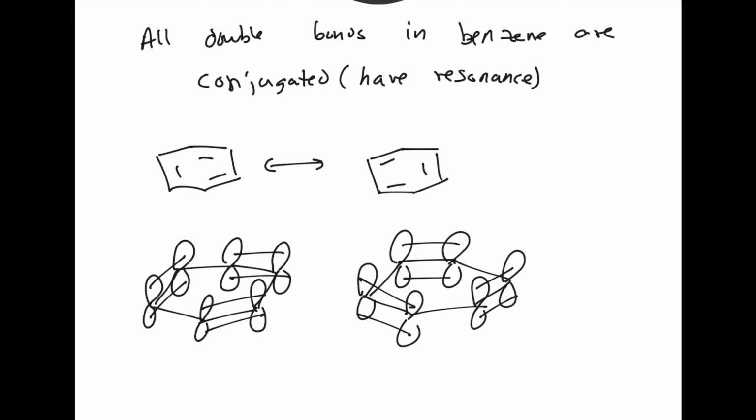Now, for you to make a double bond, your p orbitals have to overlap. They have to kind of smush together and make that bond. If that happens fast enough, you lose those unique double bonds, and those orbitals all end up being smushed together to make one big orbital. I'm going to go to the next slide.